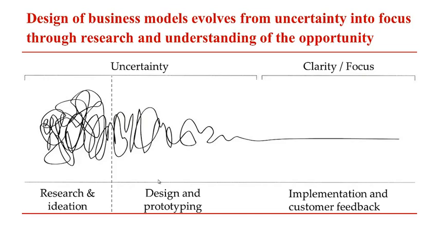In that way, I would say the business is rarely absolutely certain, but at least through the business model canvas and the subsequent testing and refining of that, we are able to gain a level of clarity and improve focus on what we do as an organization, what we do not do, what products and services we are going to target to which customers, on what timeline, at what cost, and what products and services we are not going to do, and what types of customers we are not going to serve based on their needs or wants or willingness to pay. So within that, the business model should evolve to help us grow from this uncertainty into focus through research and understanding of this opportunity.